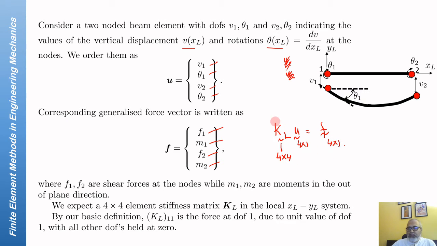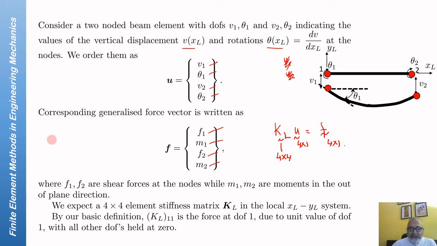So the local stiffness matrix must be 4 cross 4, and we are going to derive the local stiffness matrix from the basic definition of a stiffness matrix, which is that due to a unit displacement applied at degree of freedom j, the force that you get at degree of freedom i is the stiffness element KLij.